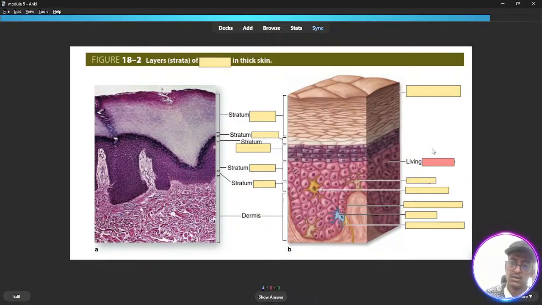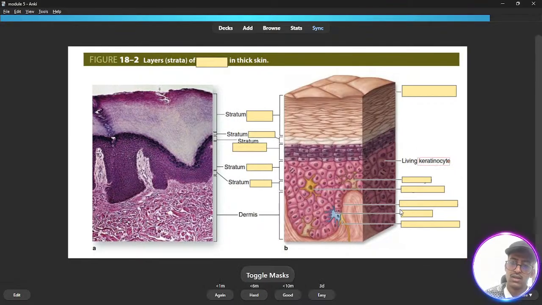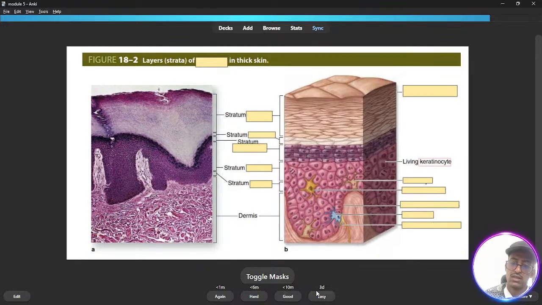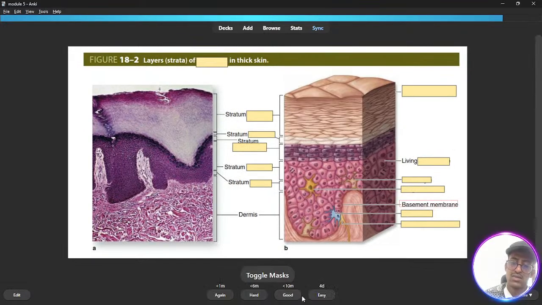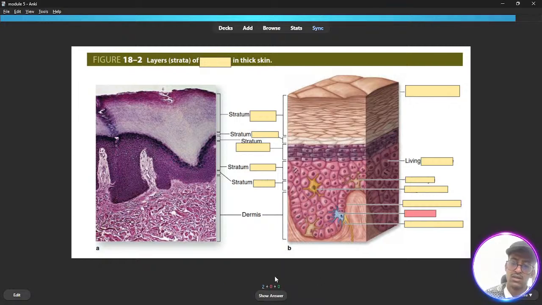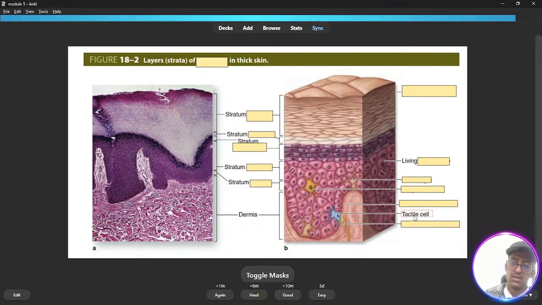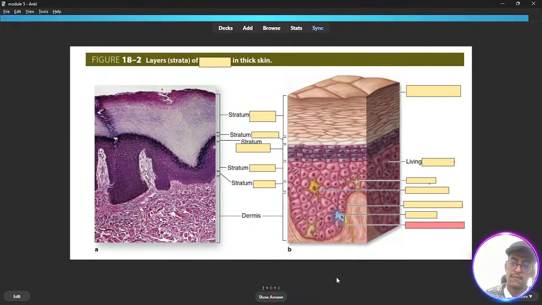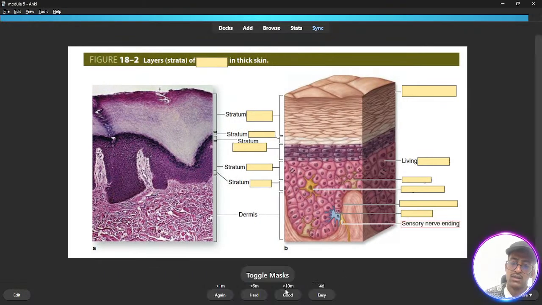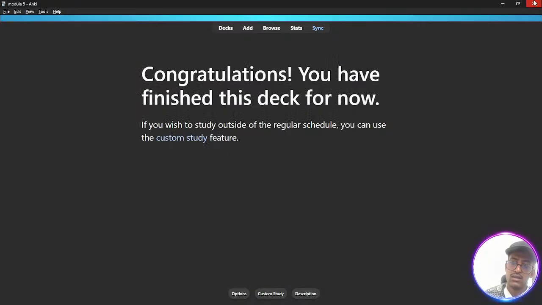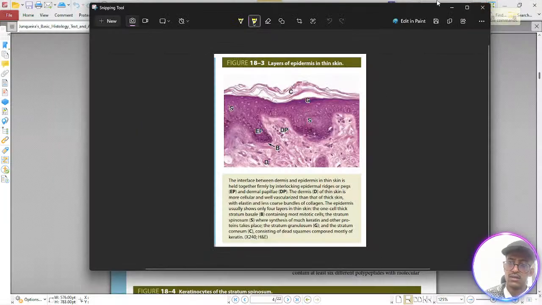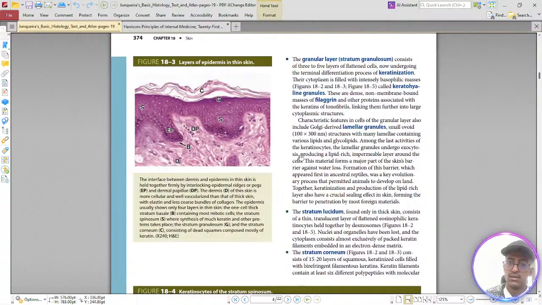Melanocytes, living what? Keratinocytes. This one, epithelium cells. Basement membrane. I don't remember this. Tactile cell. What about this? Nervous? Sensory nerve ending. Okay, this is sensory nerve ending.